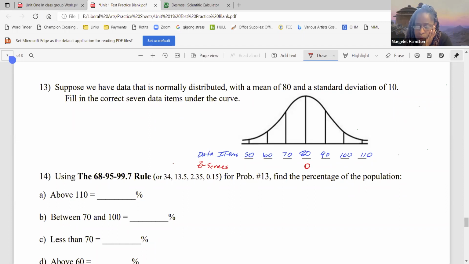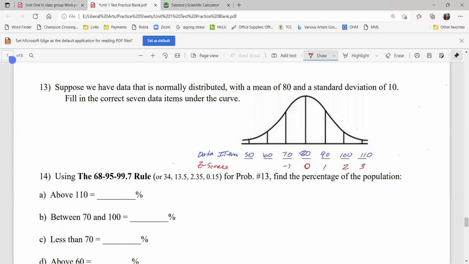Going to the right, what is it? Give me the numbers. We're talking about Z-scores. 1, 2, and 3. There you go. These never change. And going backwards, you got what? -1, -2, and -3.